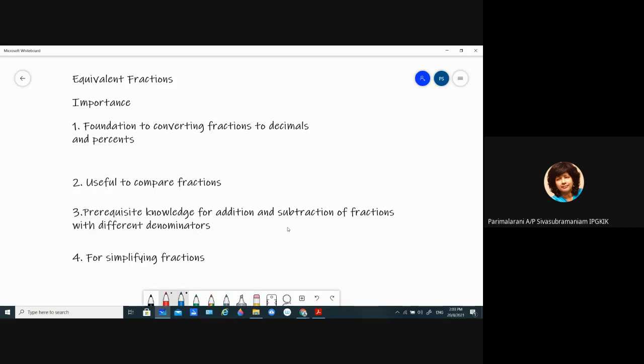When students go on to learn operations involving fractions, they need to have mastered equivalent fractions. If they haven't, they will have problems doing operations of fractions. And finally, equivalent fractions are used for simplifying fractions. For all these reasons, students must be taught to master equivalent fractions.